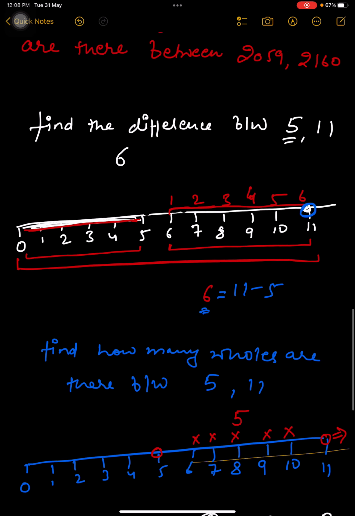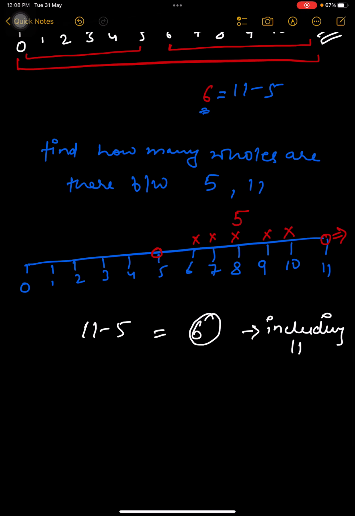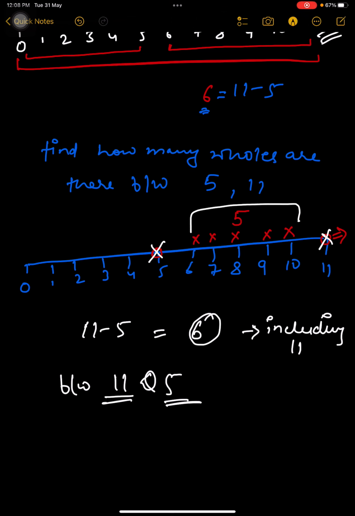When I need to find the numbers between 11 and 5, I need to exclude 11 as well as 5. I strictly want the numbers in between, and there are 5, one less than the previous case. Is it clear?